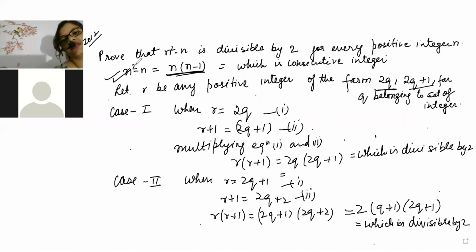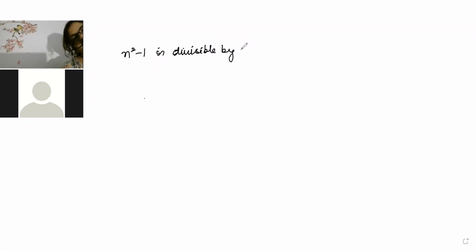The next question is: prove that n square minus 1 is divisible by 8, beta. n square minus 1 is divisible by 8.